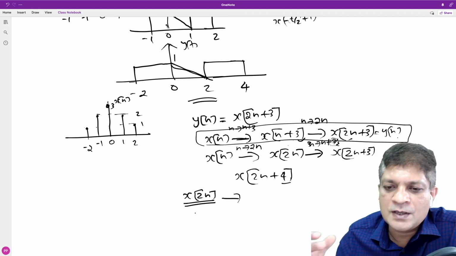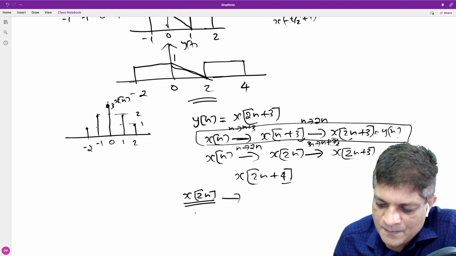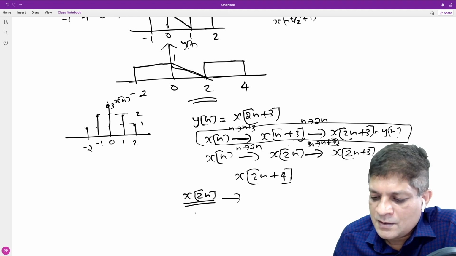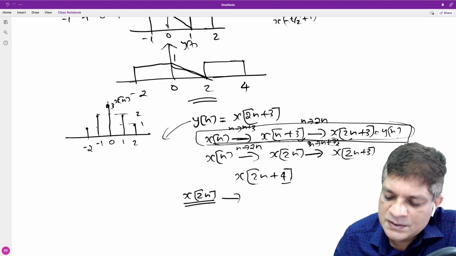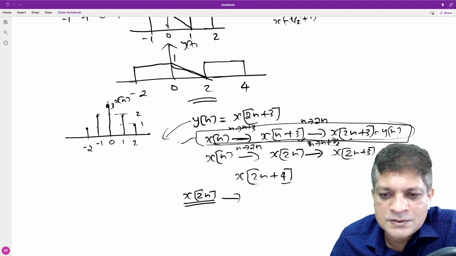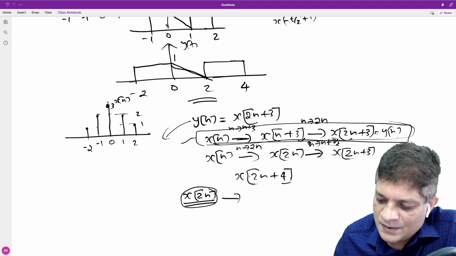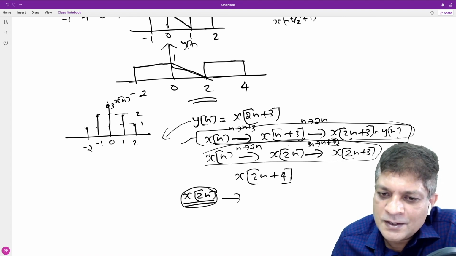We are keeping only the even numbered samples. In one case, first we are shifting and then removing some samples. In the other case, first we are removing some samples and then shifting.